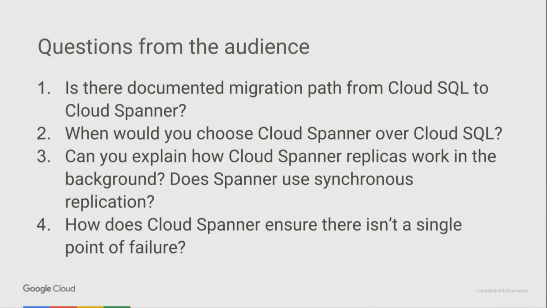Next, can you explain how Cloud Spanner replicas work in the background? Does Spanner use synchronous replication? Yes, it does use synchronous replication, and I have a few slides here that can basically walk us through this.